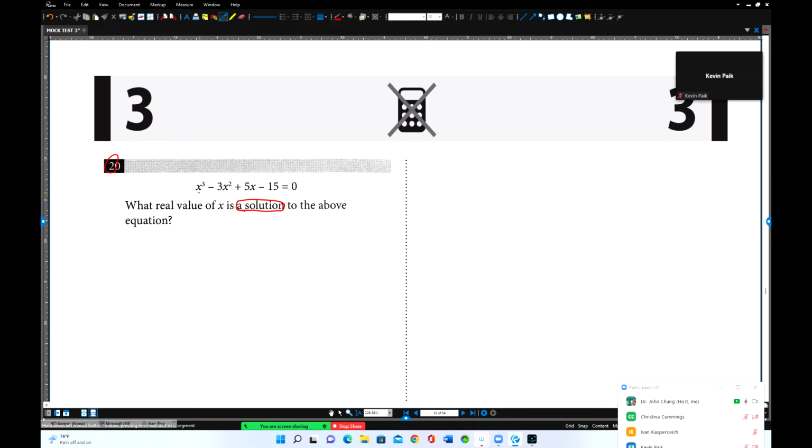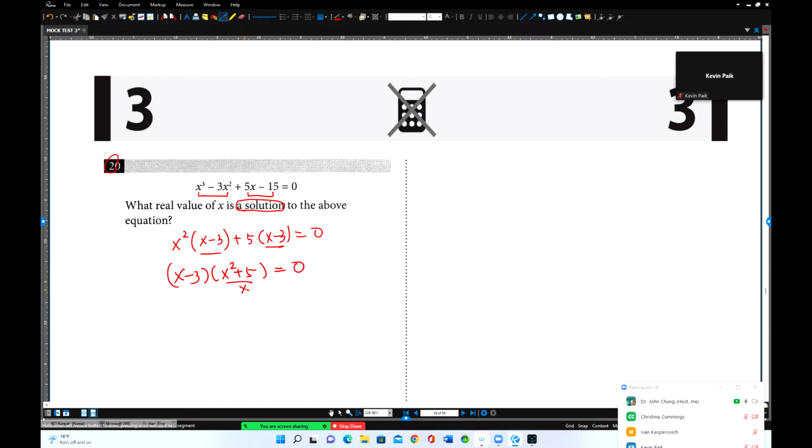Okay, so you can see that we use grouping factors. The first two terms, x squared is a common factor. So x squared times x minus 3, plus 5 times x minus 3, equals 0. We find the common factor there. Now this will move out: x minus 3 times x squared plus 5 equals 0.